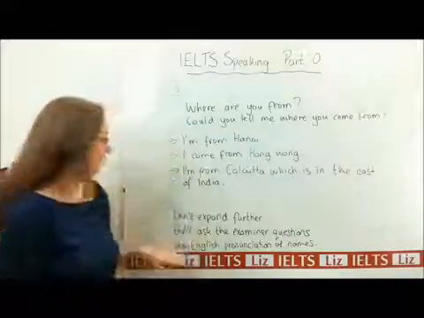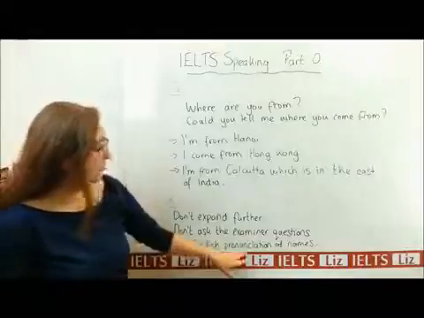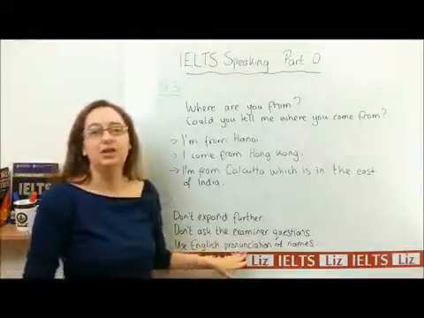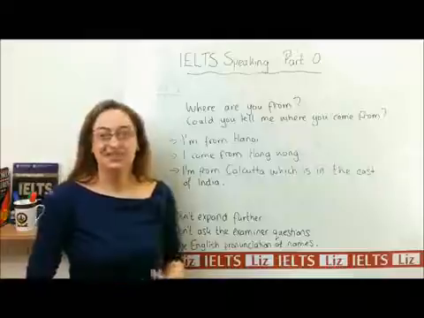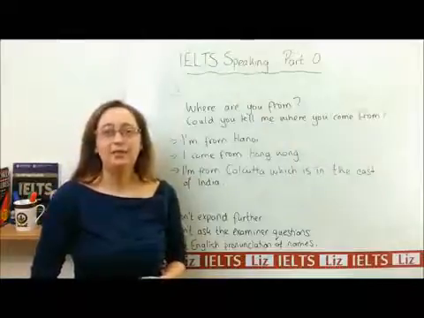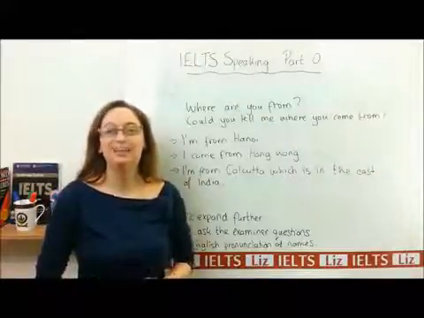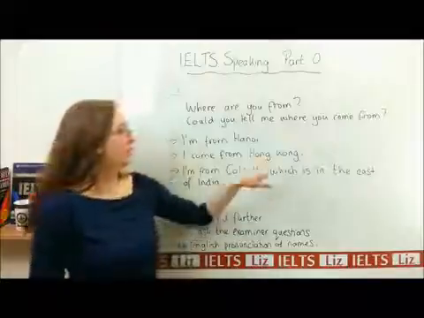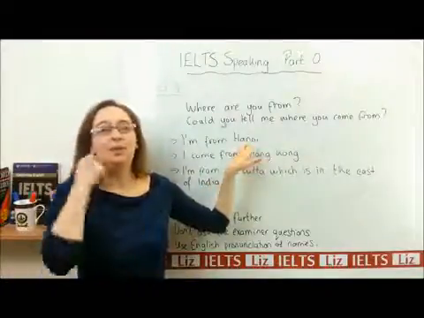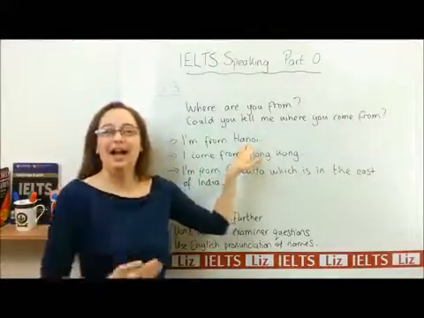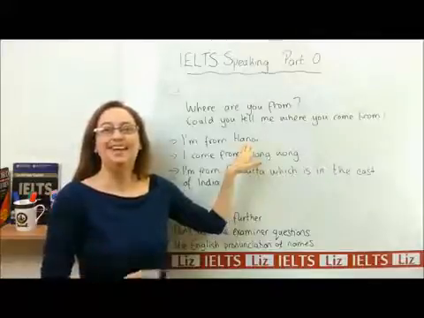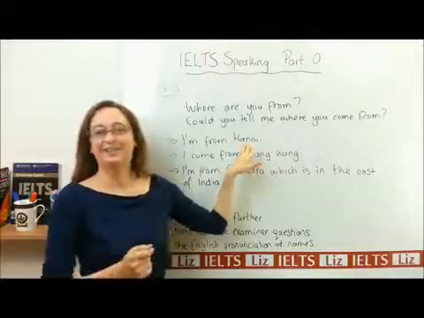And the last tip for you. This is with the pronunciation for the names of the cities where you come from. Please try to use the English pronunciation. So, for example, Hanoi. Please don't say Ha-noi. Please say Hanoi.